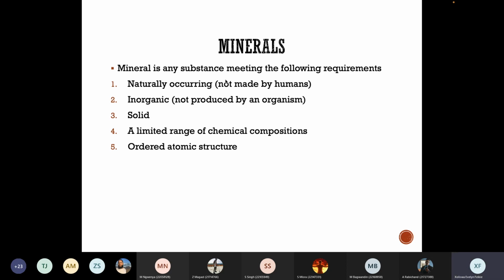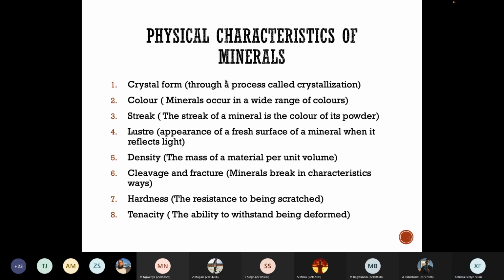And if you have a follow-up question based on that, you can't say, but I don't know this. You already know the basics of what a mineral is, and how you apply that knowledge in answering a question will be based on your own understanding. So please take note of that.